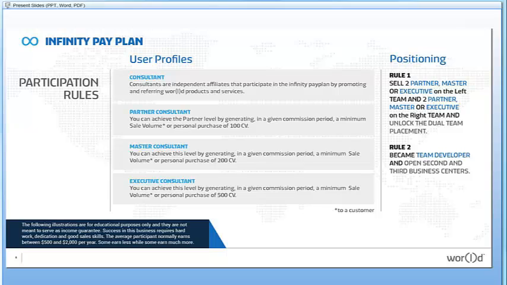Here we are. There's different packages. As a consultant, we are all independent affiliates naturally, and we all can participate in the Infinity Pay Plan by promoting and referring World products and services. And then we don't have the partner consultant at this point in North America, so I will not touch on that just yet. But we have the master consultant, and what the company has done, they have upgraded us.